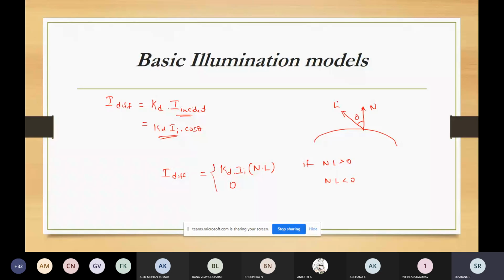The unit direction vector L to the nearby point source can be calculated using the surface position and the light source position.